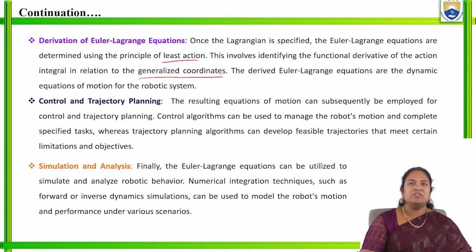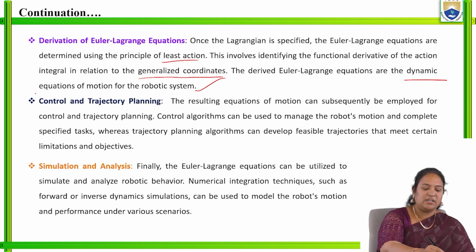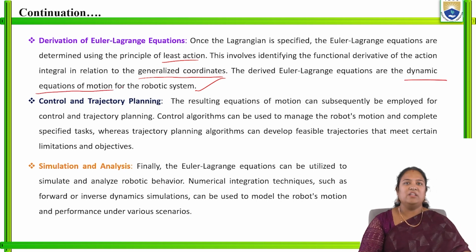The derived Euler-Lagrange equations are the dynamic equations of motion for the robot system.